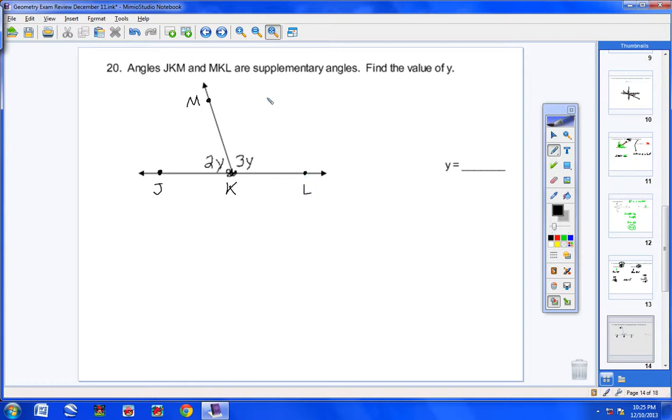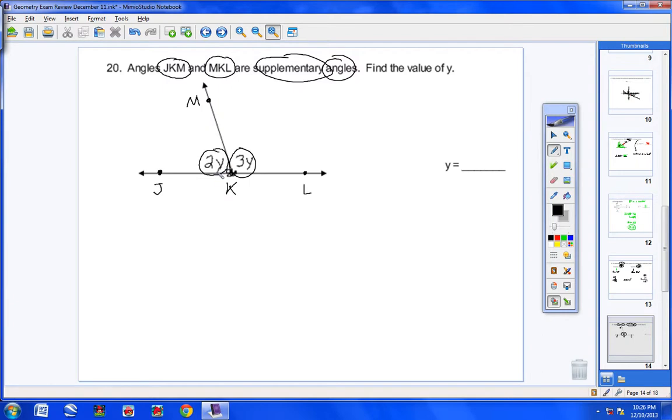Okay, these two angles are supplementary. Find the value of y. Well, here's angle JKM right here. Here's angle MKL right here. And notice that it says angles JKM and MKL are supplementary angles.